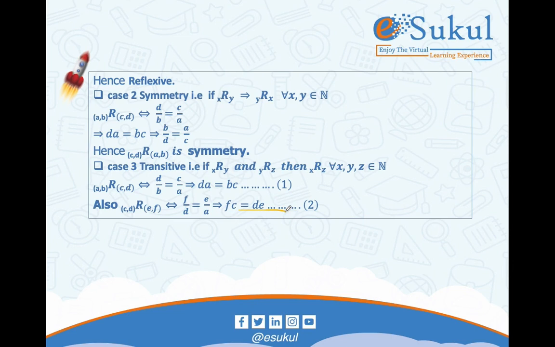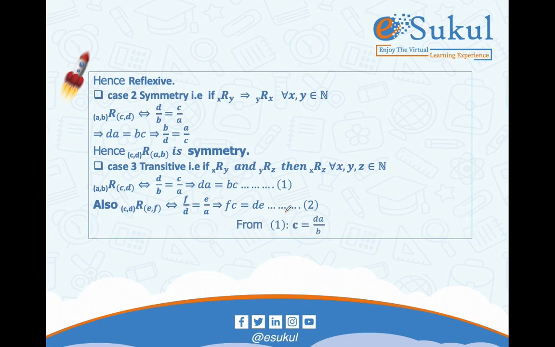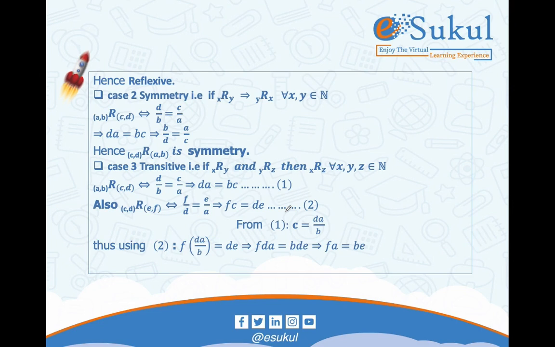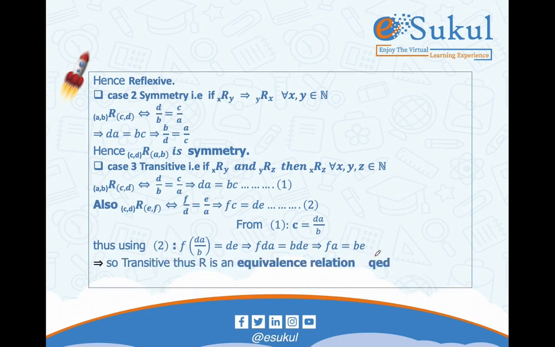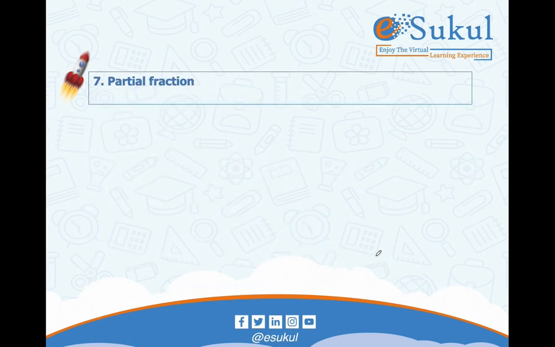So eliminating our unknown value, which is c, we can make c the subject of the formula from equation 1. So replacing in equation 2, we have fa equals be. Therefore, we can clearly see that (a, b) relates (e, f). Therefore, our R becomes transitive. Hence, R is an equivalence relation.